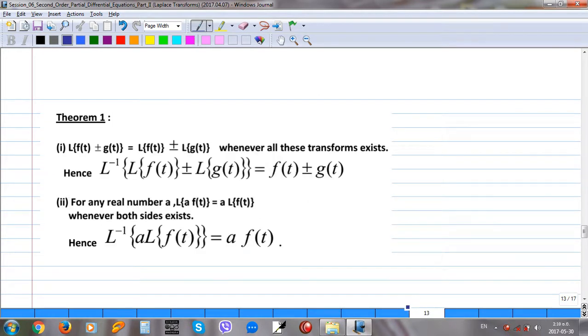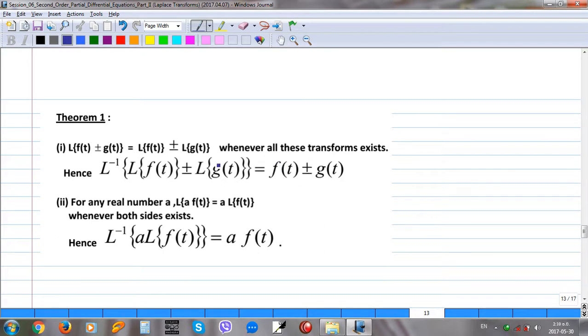And the theorem: L{f(t) plus or minus g(t)}. If two functions are given, we can take the Laplace transform of these functions separately, and if we take the inverse, we can also write it separately.